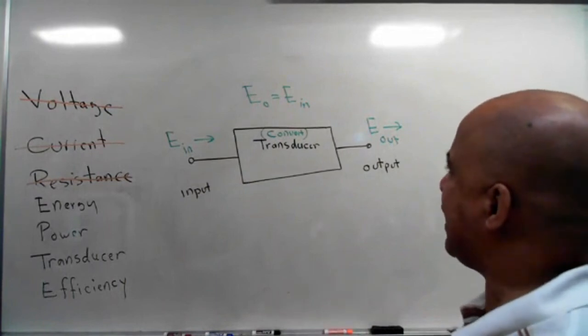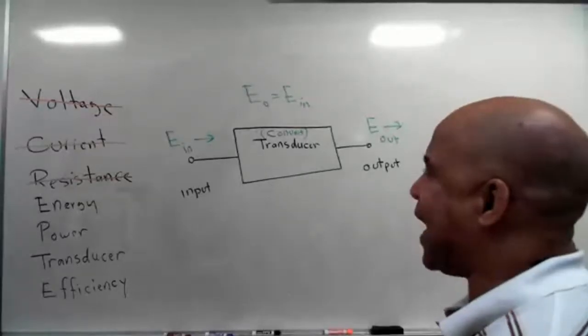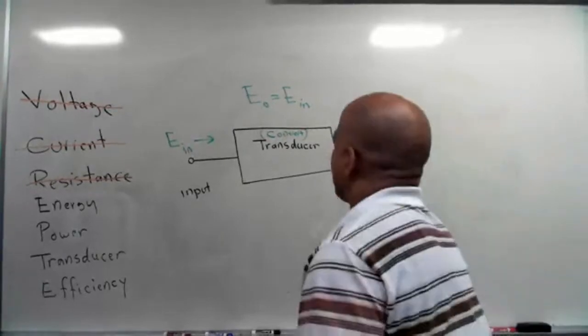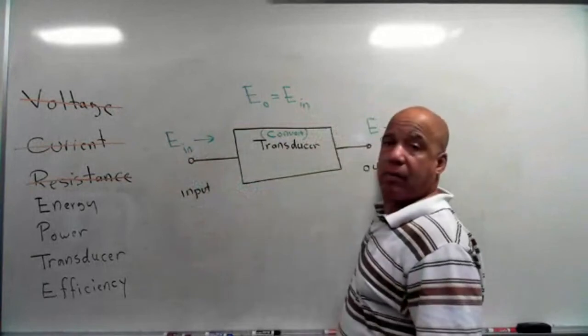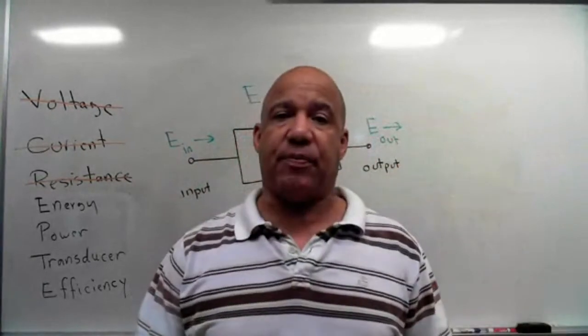If I had E in and E out equal together? It'd mean that you had 100% efficiency. Yeah, that's the word. It means I have 100% efficiency. That means that all the energy I put in is being converted to useful work. And that's what we strive for. We want things to be 100% efficient.